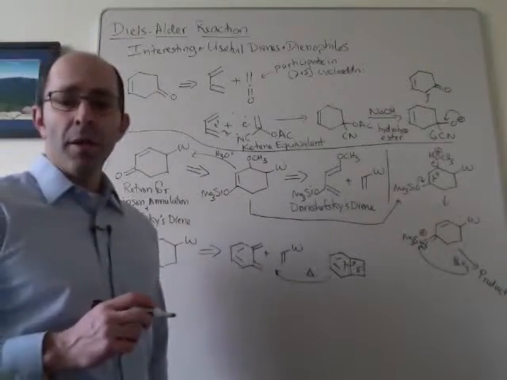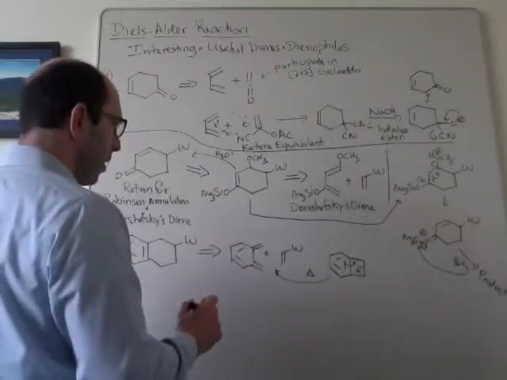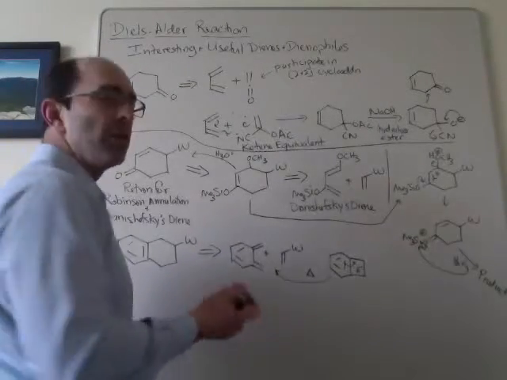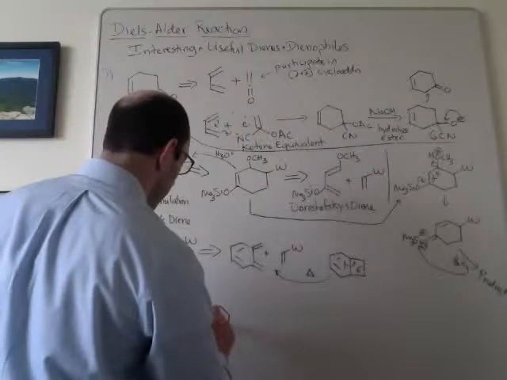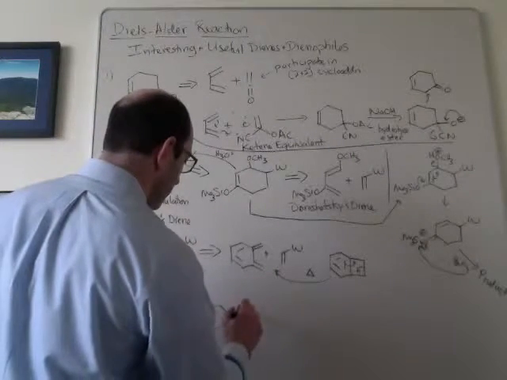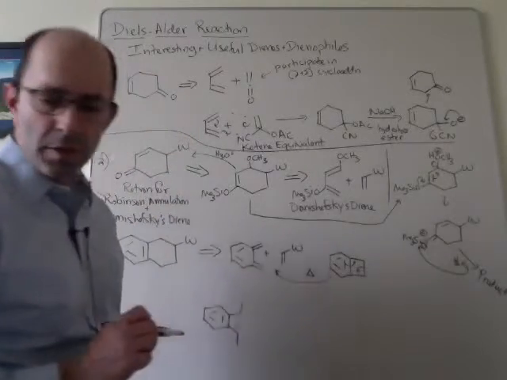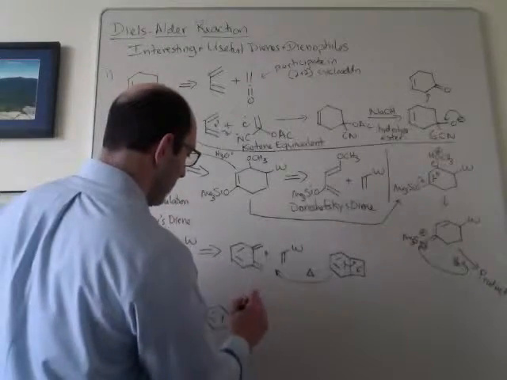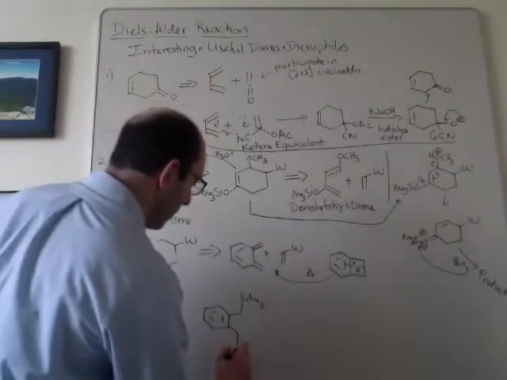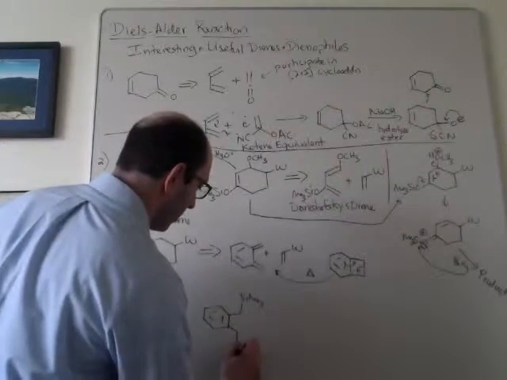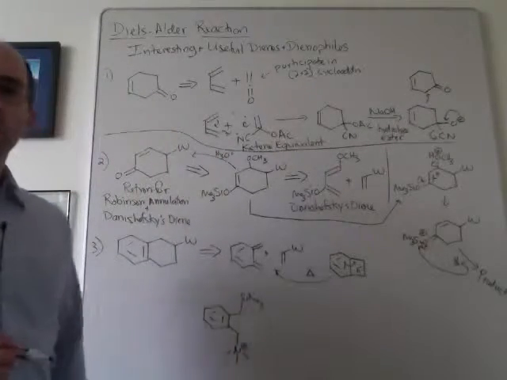Another way to do it, and we've seen things like this when we talked about forming benzene, is you can start with a compound that looks like this, where we've got a trimethylsilyl group in this position, and then some sort of leaving group, and in this case we'll have an ammonium ion.